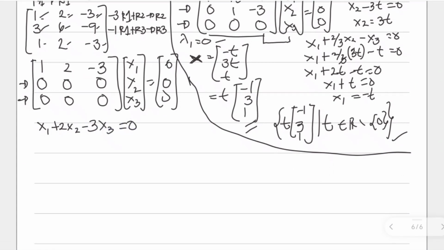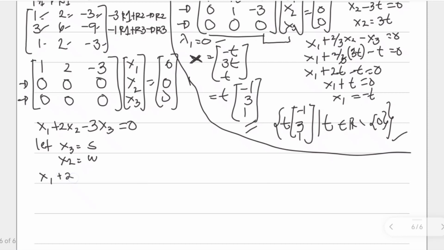Right? Now, since we have only one equation and we are to solve for x sub 1, x sub 2, and x sub 3, what we can do here is to assign arbitrary constants to x sub 3. Let's use s since we already used t earlier. And x sub 2 also w. So that we can represent x sub 1 in terms of w and s.